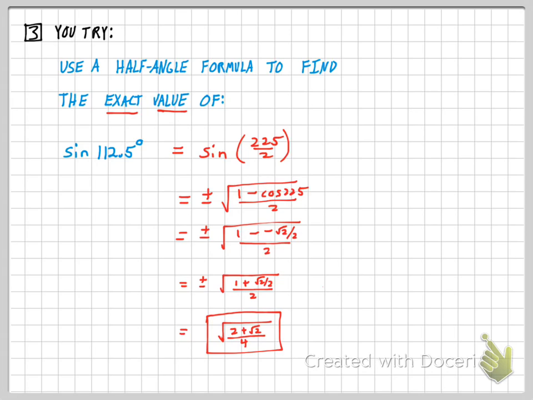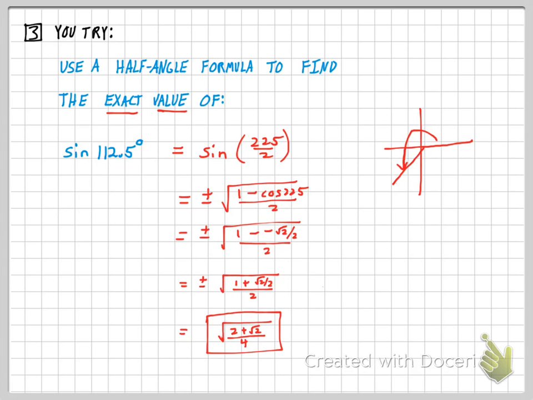Okay, for this one we need to think about 112.5 as simply half of 225. 225 is one of our special angles. This one's going to be in the third quadrant. We should know our sine and cosine values there. Using the formula, I've got to evaluate the cosine of 225, which is negative root 2 over 2.